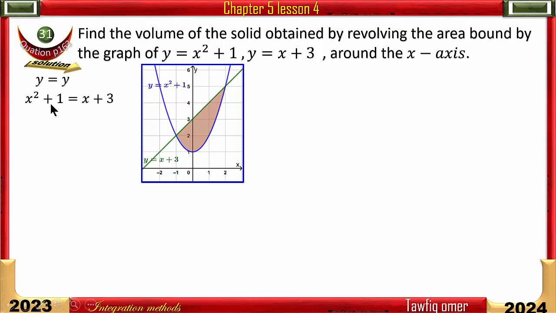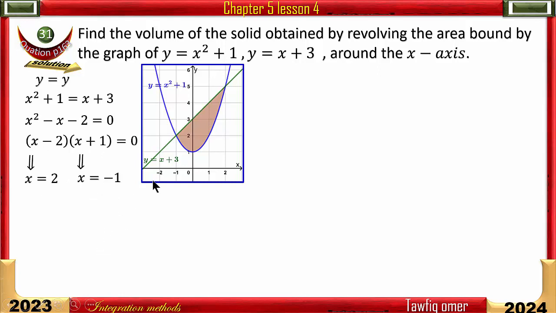So x squared plus 1 equals x plus 3. By taking x plus 3 from right to left and simplifying, it becomes x squared minus x minus 2 equals 0. Opening two brackets, x minus 2, x plus 1. From here we get x equals 2, and here we get x equals minus 1.